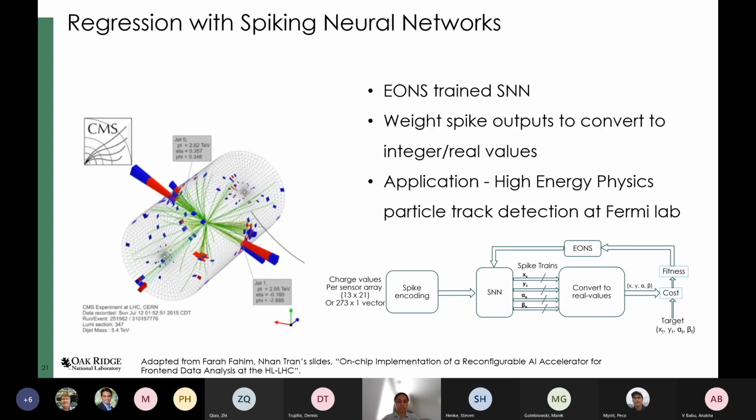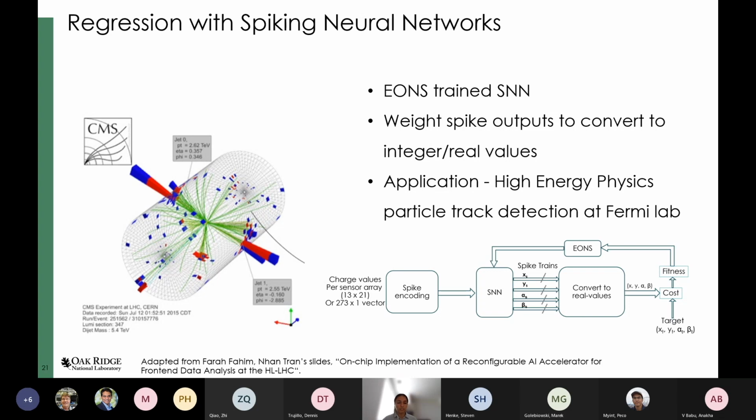One of the most recent problems that we are currently looking at is again a scientific application, where we are looking at EONS and trying to perform a regression. This is one particular problem where we are collaborating with the group from Fermilab, where they're looking at detecting pixels from the high energy physics experiments.